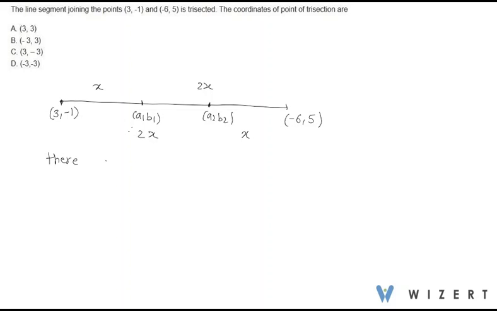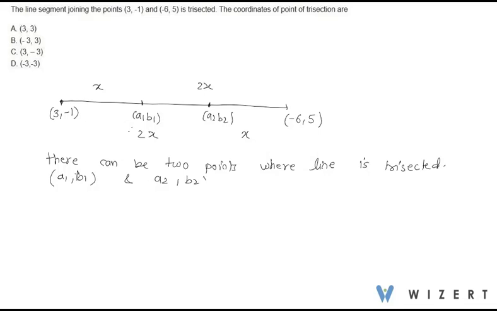There can be 2 points where the line is trisected, (A1, B1) and (A2, B2).